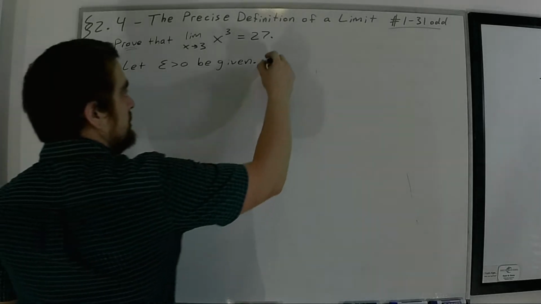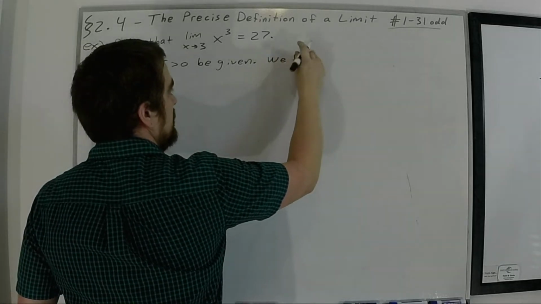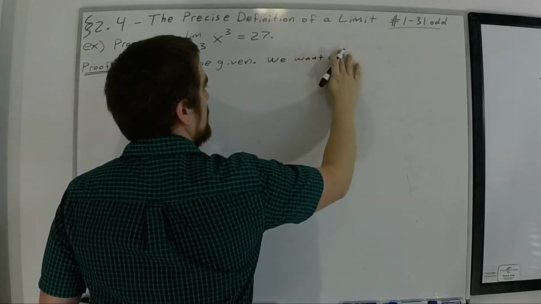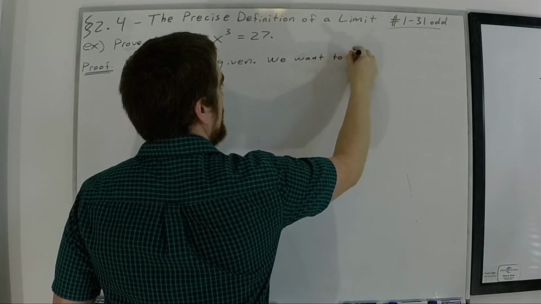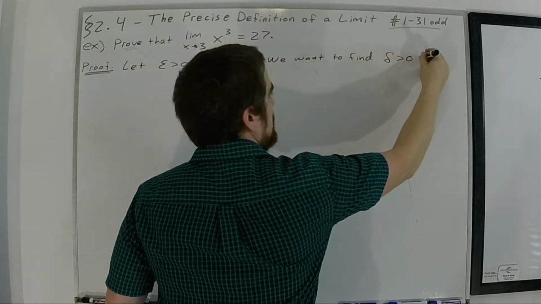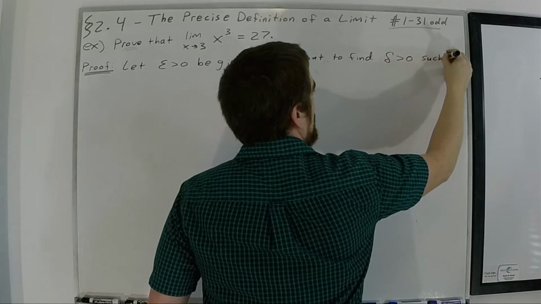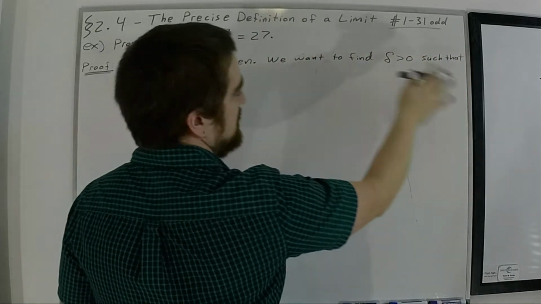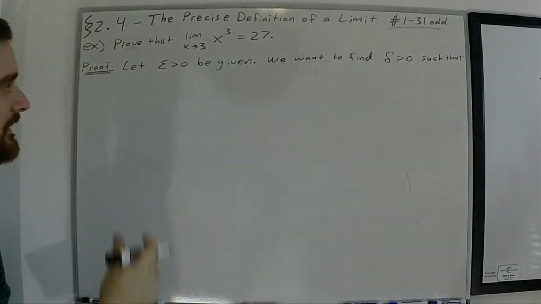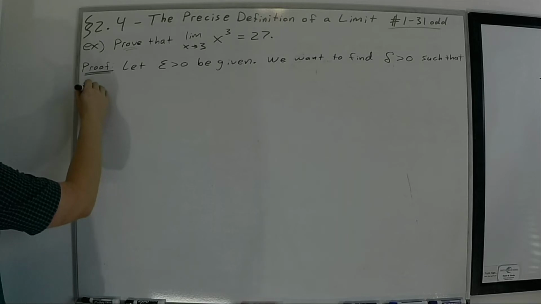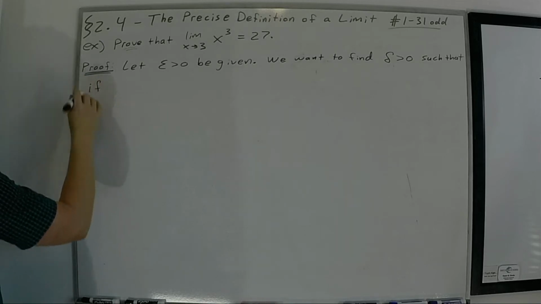Then we want to find a delta positive such that, and some people do omit saying delta positive, epsilon positive. It's understood that they're positive, but I still like to throw it in there just in case.